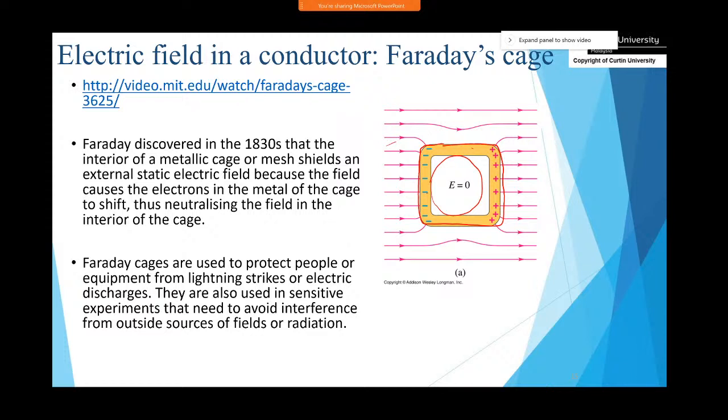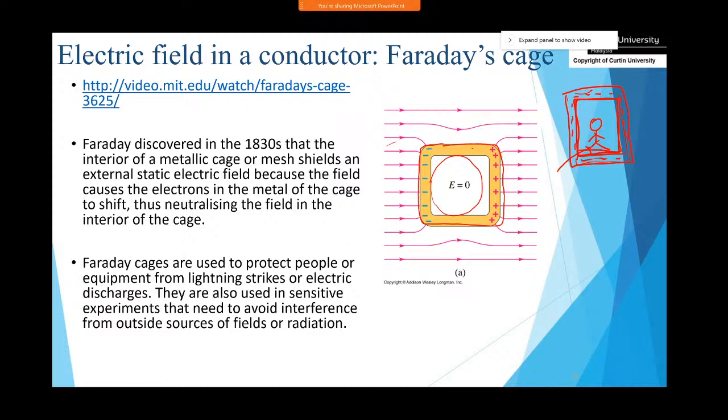You always encounter this when you are inside the lift and talking on the phone, right? When you go inside the lift, immediately there won't be any signal. Why? Because the lift is a big conductor.